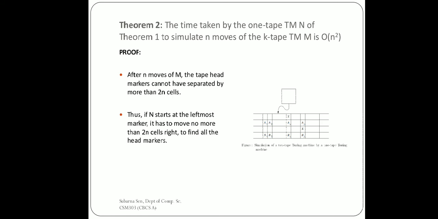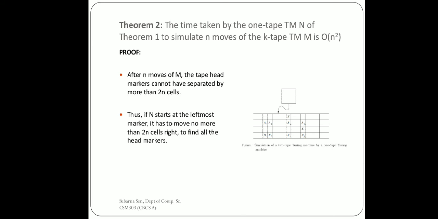How? For a k-tape Turing machine, how many tracks should there be? 2k, because for each and every tape there should be 2 tracks, right? That's why after n moves of M, the tape head markers cannot be separated by more than 2n cells, because for n cells there can be a maximum of 2n spaces in between.